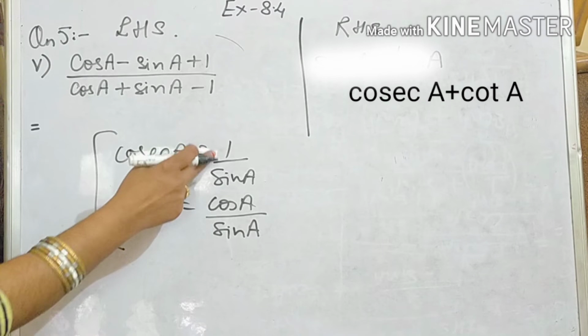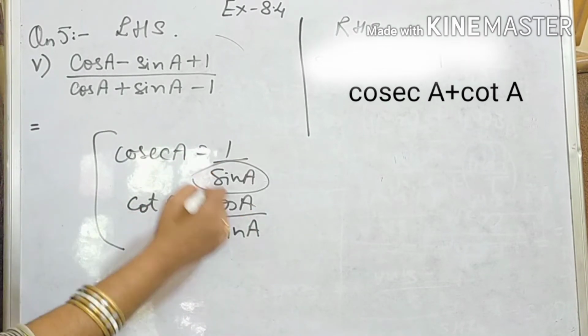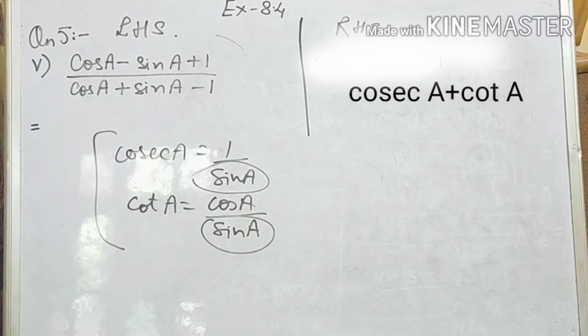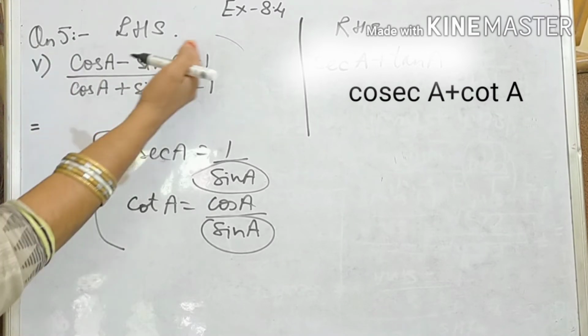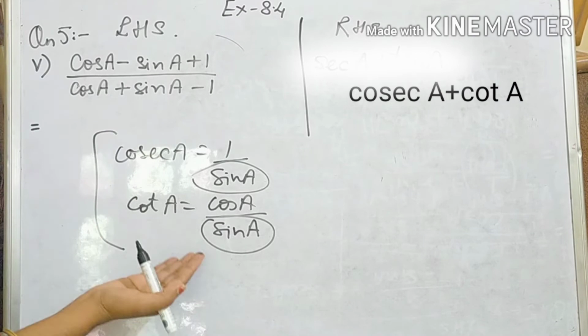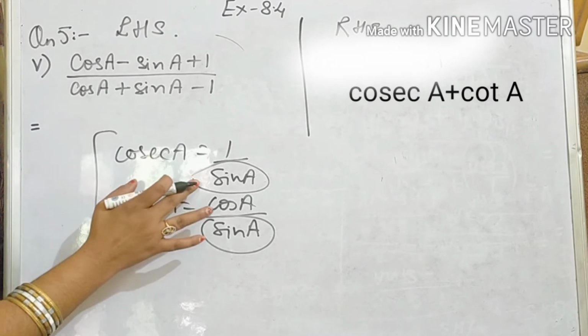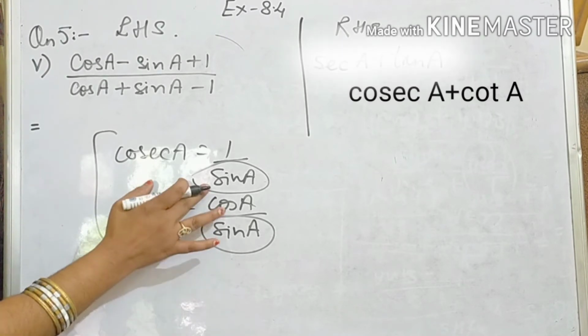You can see that both have sin A in the denominator. That means if I divide the whole term in numerator and denominator by sin A, then I can convert this cos and sine into cot and cosec.